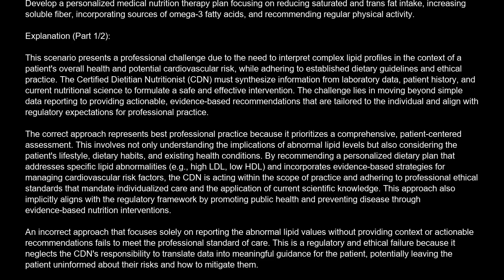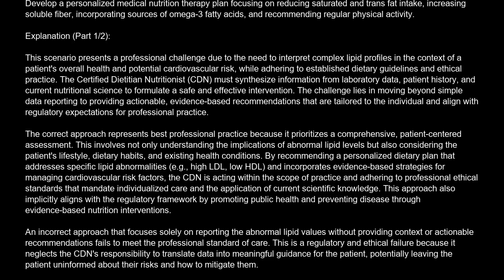The correct approach represents best professional practice because it prioritizes a comprehensive, patient-centered assessment. This involves not only understanding the implications of abnormal lipid levels, but also considering the patient's lifestyle, dietary habits, and existing health conditions.